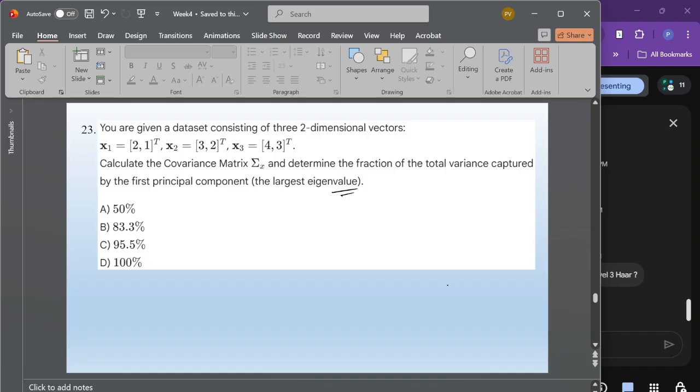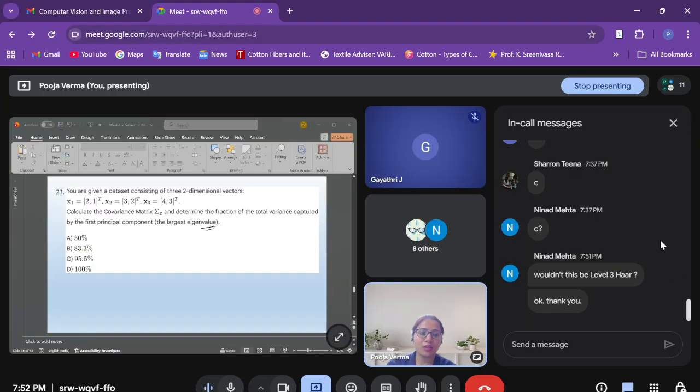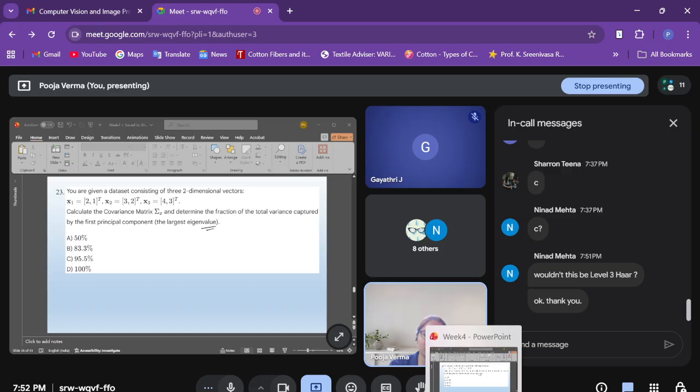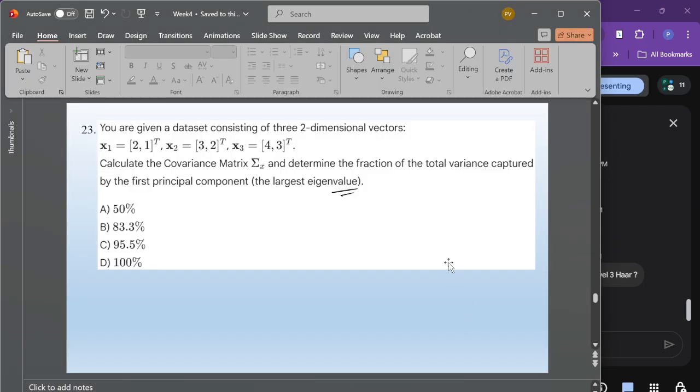Okay, so how can we calculate this one? Anyone, any idea? Okay, so for that one also, first we need to calculate the mean of these given vectors or given features.